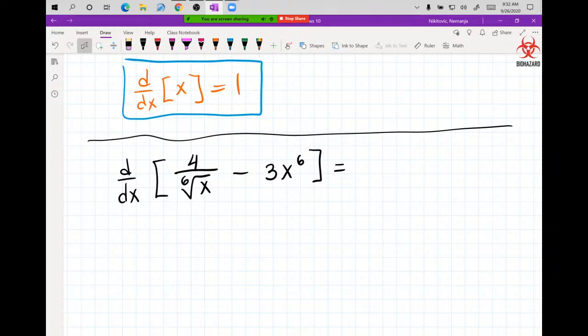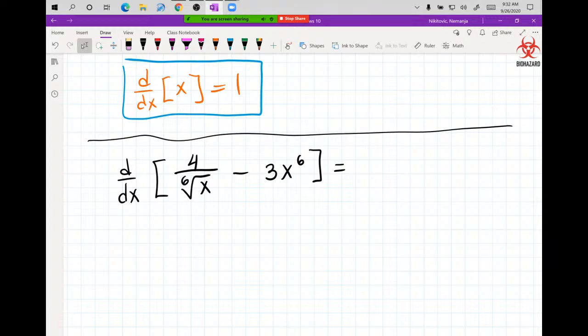Is it negative 24x to the negative 7th minus 18x to the 5th? I think that's good. Let's take a look at this together. So the first order of business is to separate these and kick the constants out.